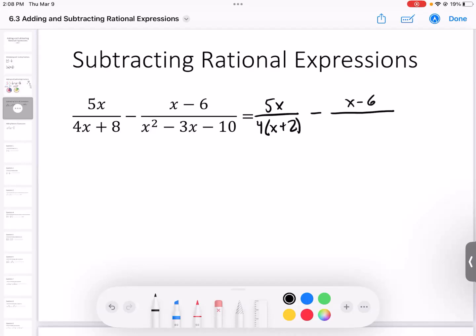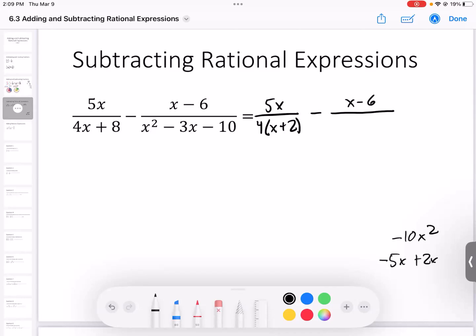For the second fraction, we have x minus 6 on top. And this polynomial on the bottom is a trinomial. So we can use our trinomial trick and say if we have negative 10x squared, because I take negative 10 multiplied by x squared, what are 2 things that multiply to negative 10x squared and add to negative 3x? Yep, minus 5x and positive 2x.